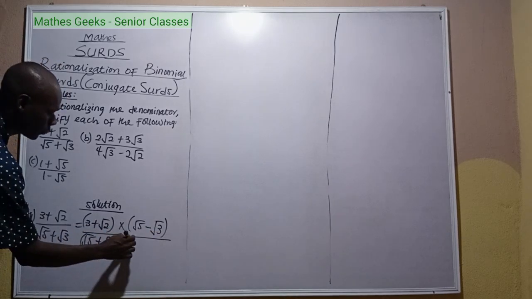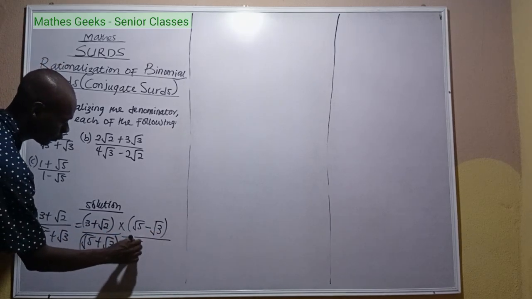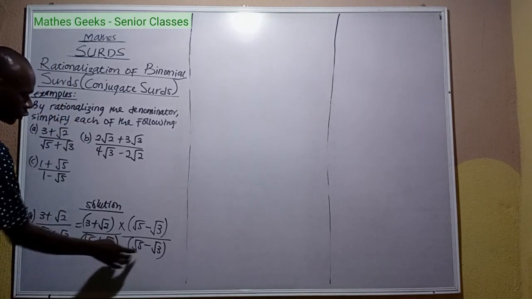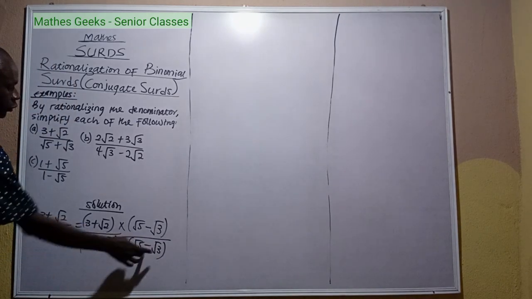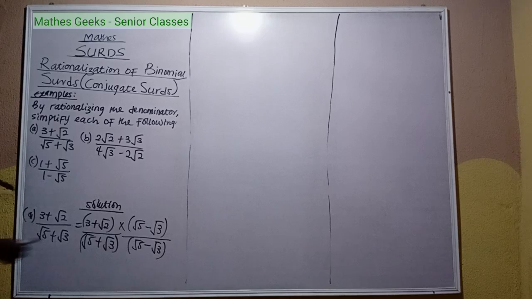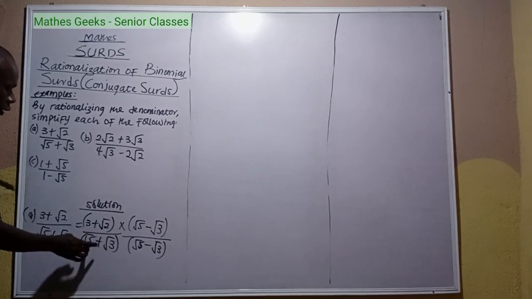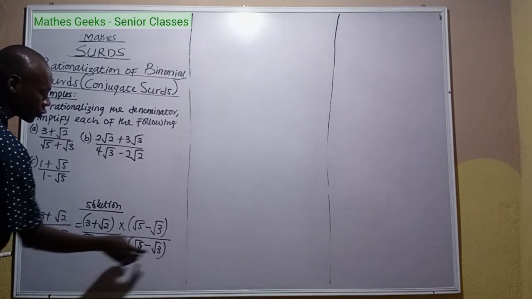So what you observe is that for the denominator part, this is already a difference of 2 squares. That's what you're going to get once you multiply both sides by its conjugate. So at the end of the day, you're going to have root 5 squared minus root 3 squared.